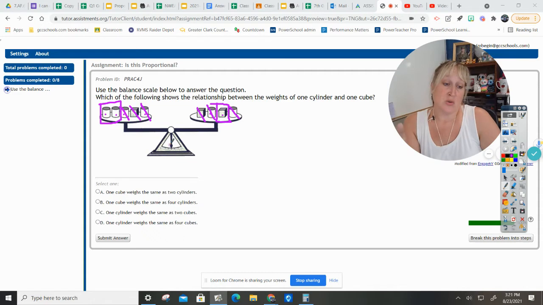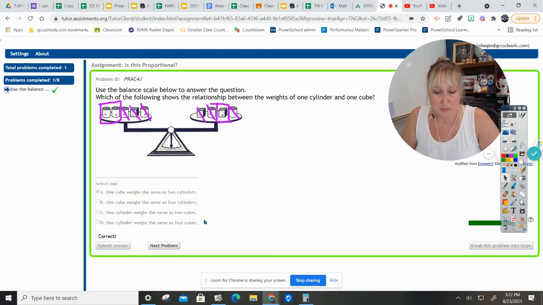Because that's essentially what you're doing when you figure out the proportionality. If I wanted to do this again, I could put 1 cube and take off 2 more, but it has to stay the same. So it says 1 cube weighs the same as 2 cylinders. We're going to click that, hit submit answer.